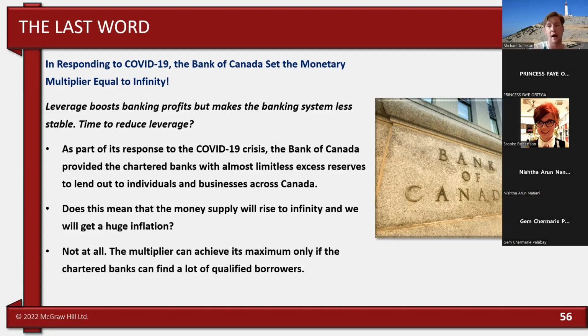The bank could have trillions of dollars to lend, but they wouldn't lend if there are not any qualified borrowers. That's a really important point. But this may have still contributed to the high inflation we saw last year because of the much higher money supply.